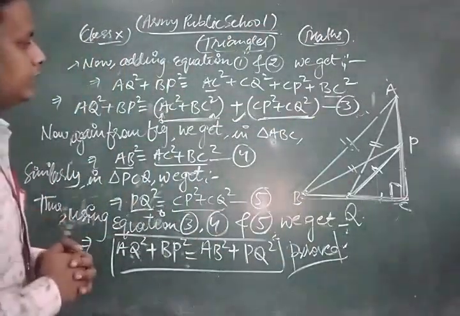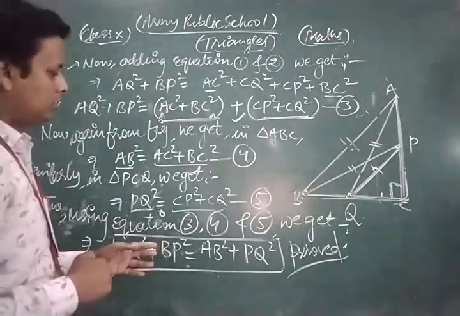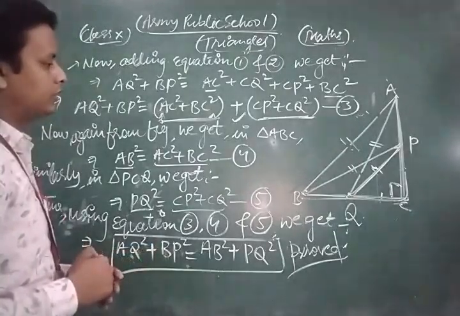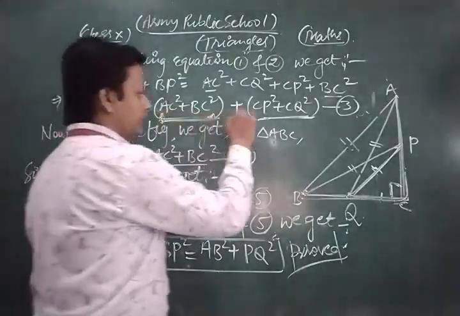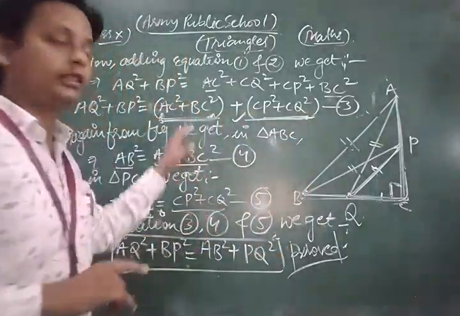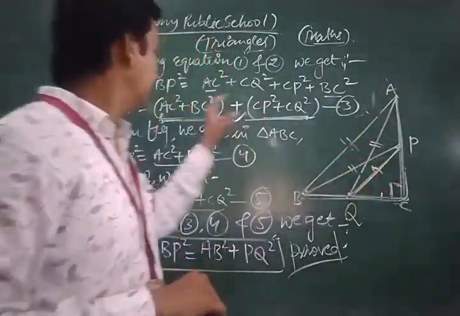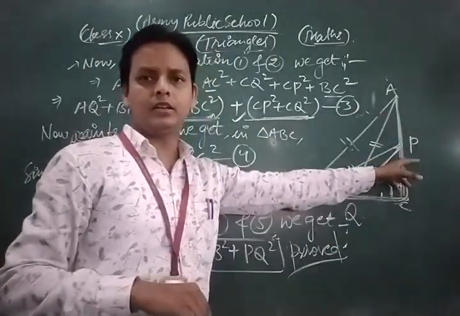Now, dear students, AB square plus PQ square. After adding, we get this relation. After this, we take triangle ABC, so we have AB square equal to BC square plus AC square.